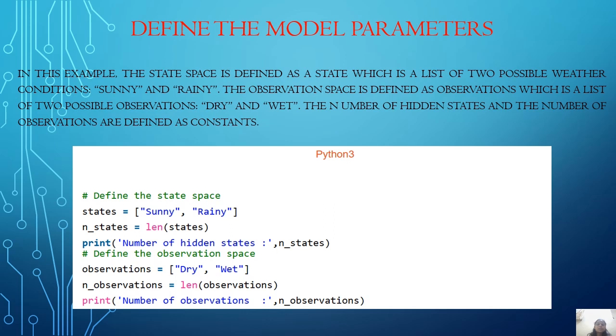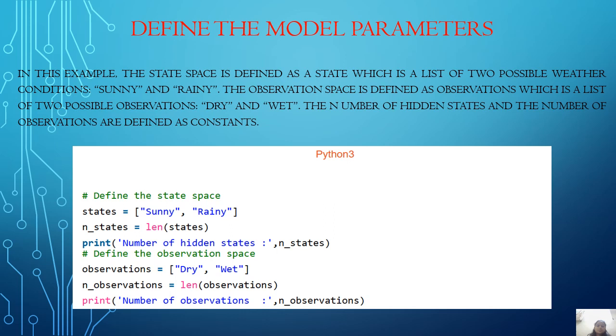So the number of hidden states and the number of observations are defined as constants. Here we can see that we get two possible weather conditions, sunny and rainy, and the observations are defined from a list of two possible observations, dry and wet.